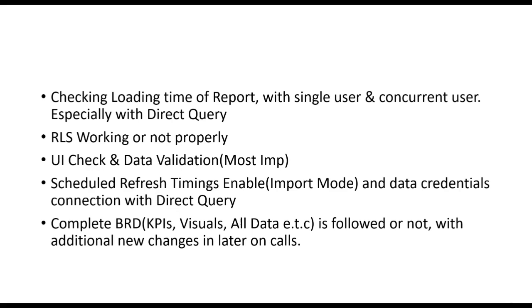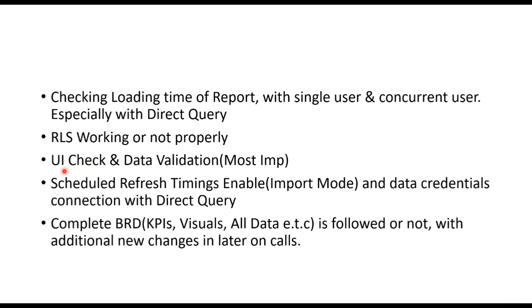The third point is the most important point: UI check and data validation. UI check means checking whether the slicers are working properly, whether the decimal numbers and commas are correct, whether the titles of the column or table visual are proper, whether conditional formatting is there properly, whether the data type is correct, and whether capitalized words and such basic things are right. You should also check whether bookmarks, page navigation and toggles are working properly, and whether the horizontal and vertical scrollers are working.